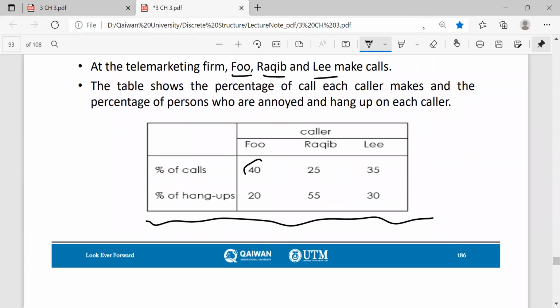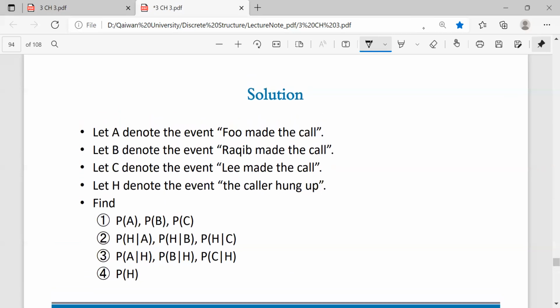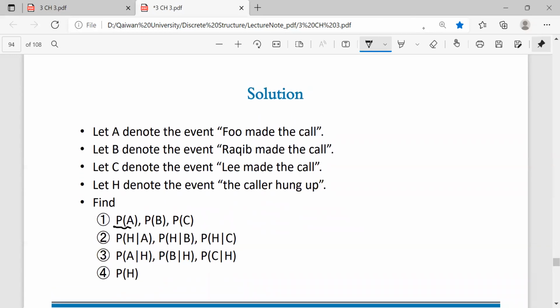It's the percentage of calls done by Fu, this is by Raqib, and this is by Lee. And this is the percentage of hang-ups on Fu, on Raqib, and on Lee. Okay. Now, what should we find?